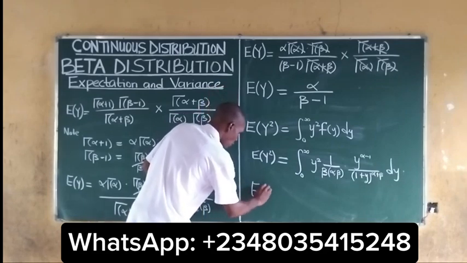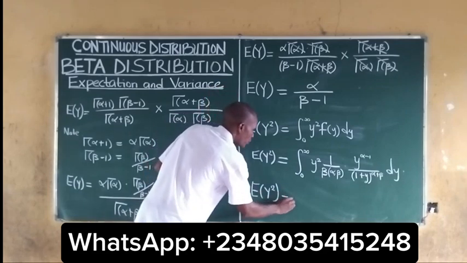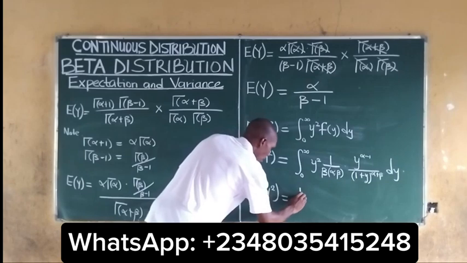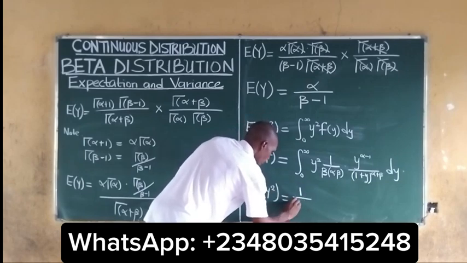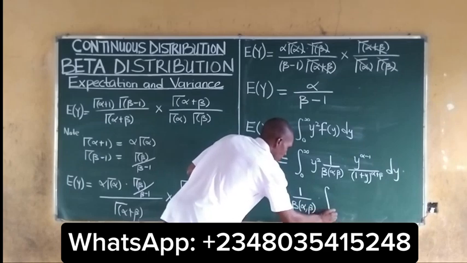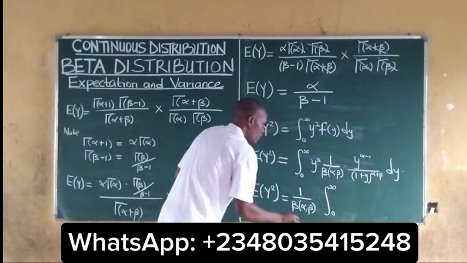So the expected value of y squared will be equal to, we bring this out to give us 1 all over beta of alpha, beta multiplied by the integral from 0 to infinity.